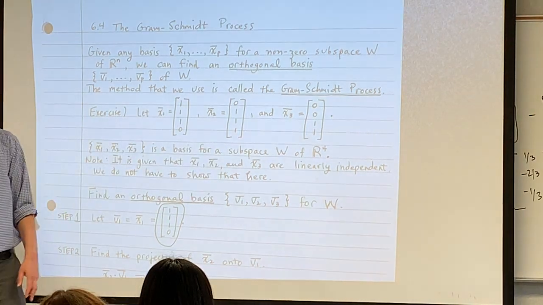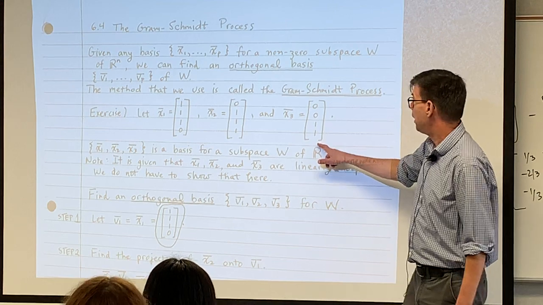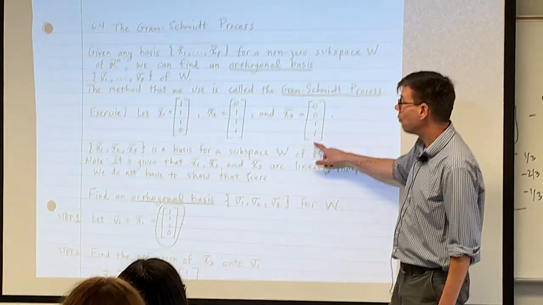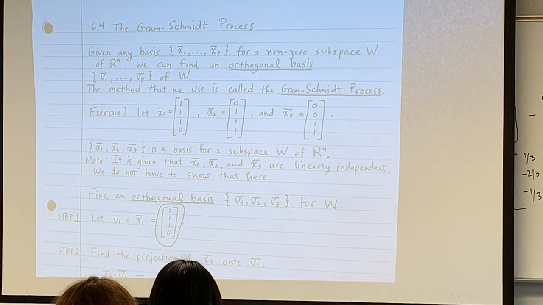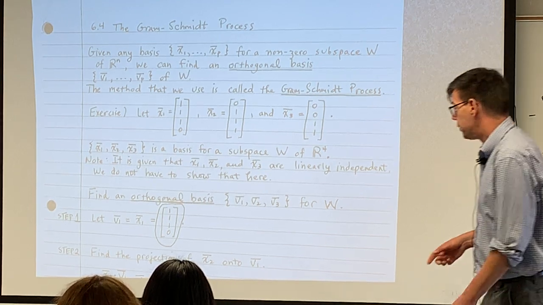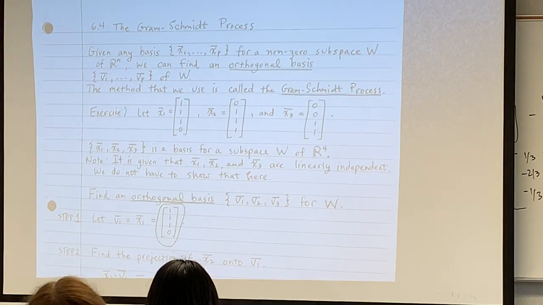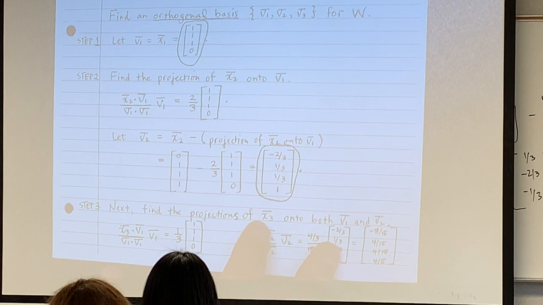I don't get 0. Or if I take x2 dotted with x3, I get 2. And if I take x1 dotted with x3, I get 1. So they're not orthogonal. They'd be orthogonal if all those dot products were 0. And so we're going to find an orthogonal basis by working from these x1, x2, x3.